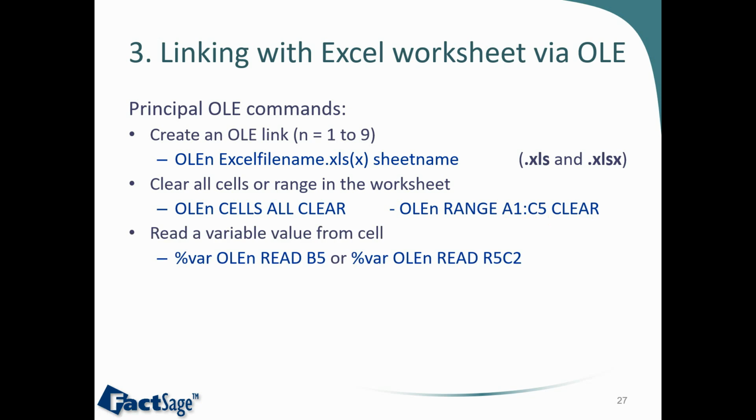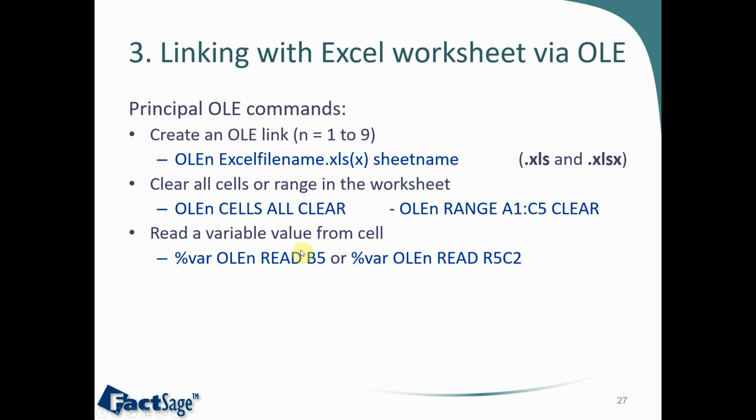So the command for reading a value from Excel and storing it in a user variable is as follows. First, we define the variable name where the value will be stored. Then we follow by the OLE label and its number that will tell in which file and which sheet to go.